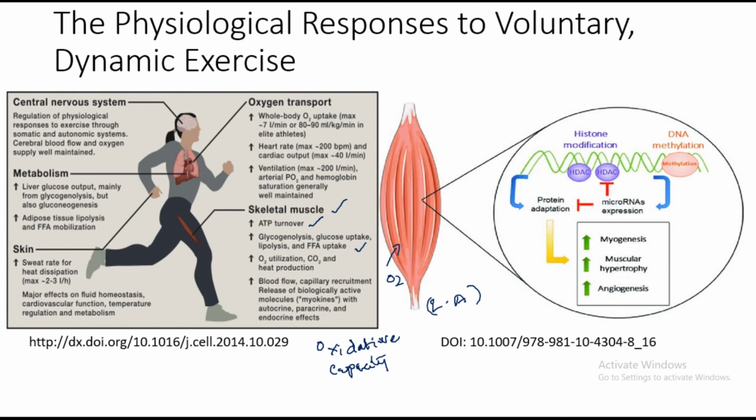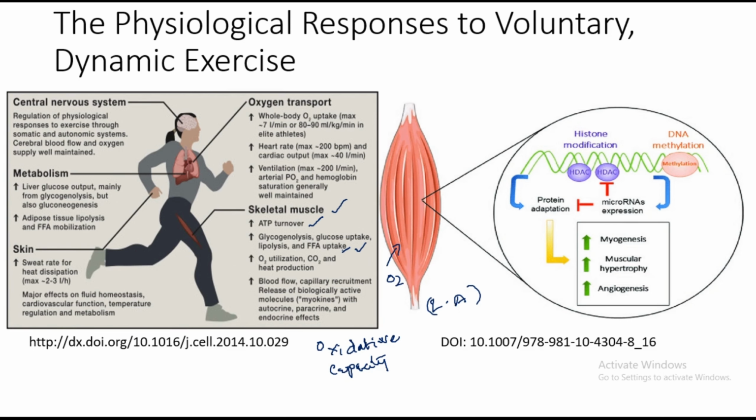So the lactic acid production will be minimized, so there is an increased lactate threshold, right? And increased free fatty acid utilization during the submaximal or resting state in order to maintain the running economy.